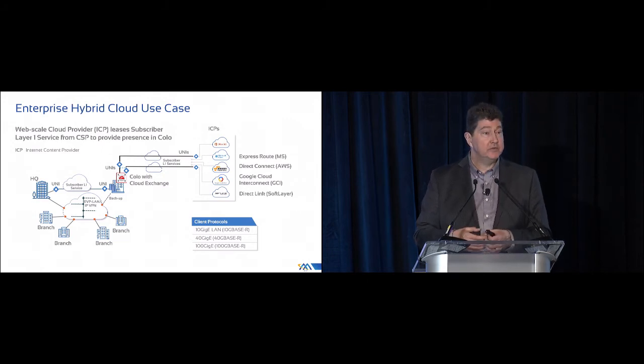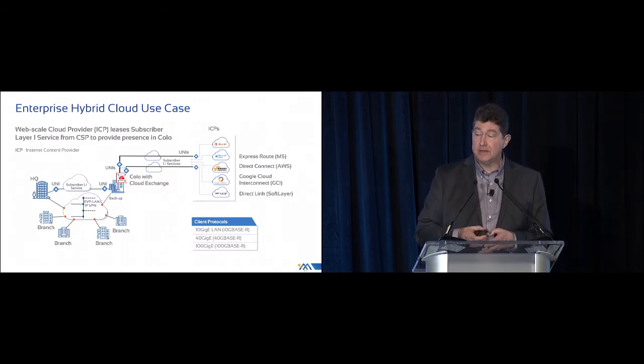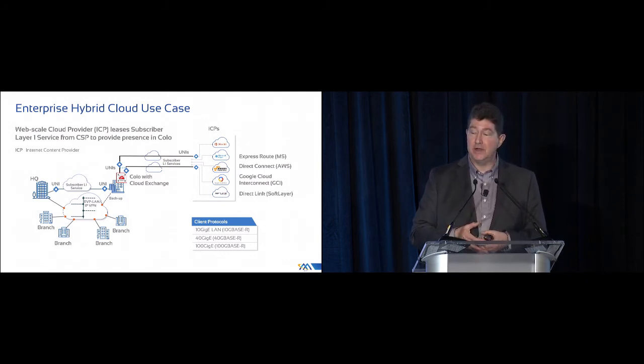So typically what they would first do is lease a Layer 1 service from, say, a communication service provider like CenturyLink Level 3 to get connectivity at Layer 1 from their data center to the colo site. And then in turn, they'd end up leasing like 10 gig Ethernet, SD-WAN, or carrier Ethernet connections for individual services piled on top of that Layer 1 service.